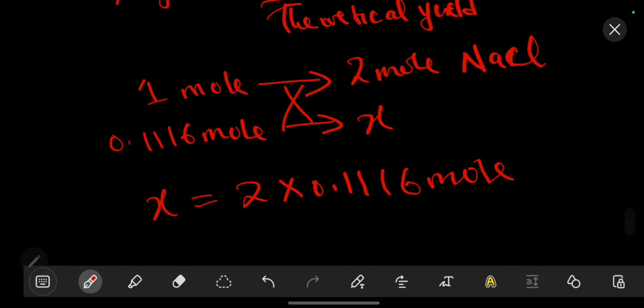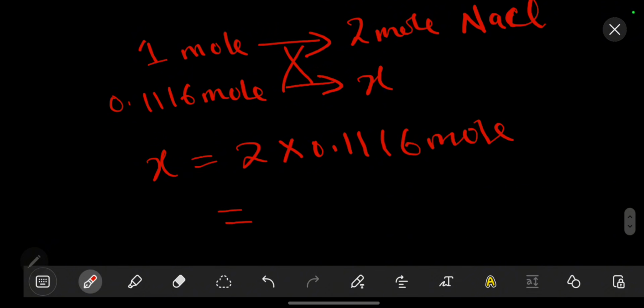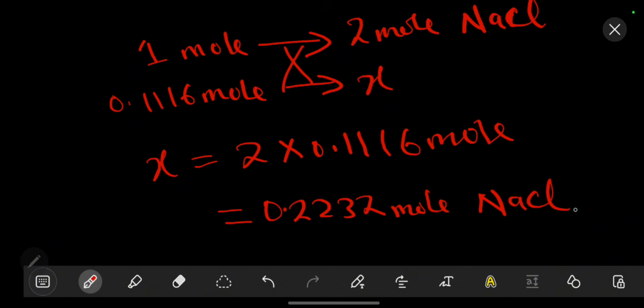So we are going to have 2 times 0.1116, like that. When we do that, we are going to find that the number of moles is 0.2232 moles of sodium chloride produced.